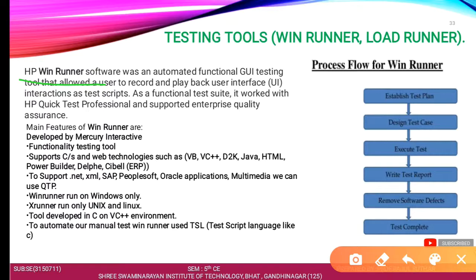Then design the test case. Then execute the test. Write the test report. Remove the software defects. Finally, defects or errors must be removed and the test is completed. So this is the process performed by WinRunner.